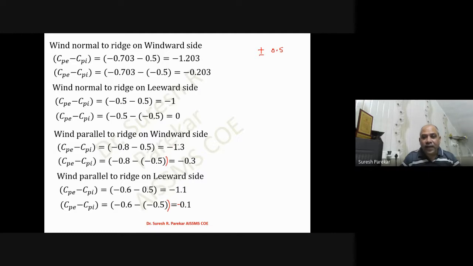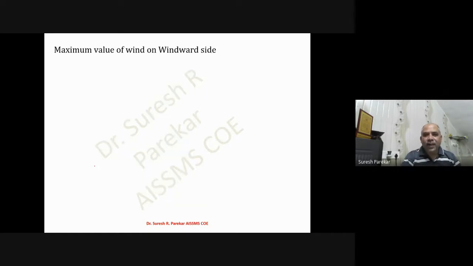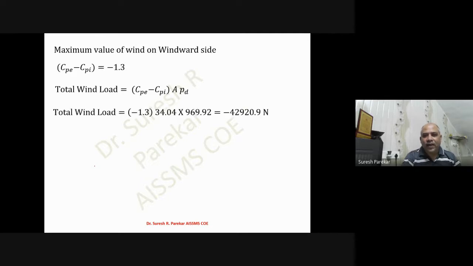So maximum value we have on windward side is minus 1.3, and on leeward side minus 1.1. So these values of CP minus CPI we have to take in the calculations, and then we have maximum wind on windward side minus 1.3, and total wind load we will then calculate. So these values we have already seen.